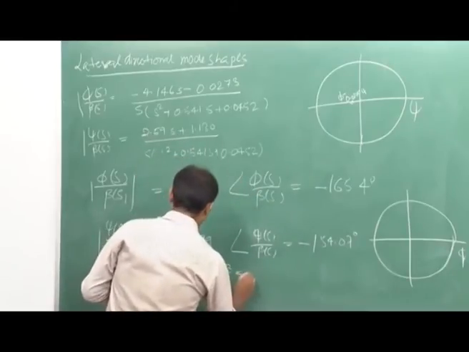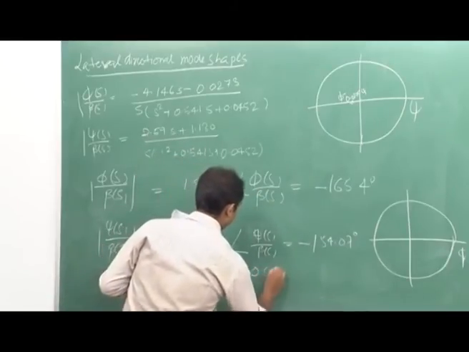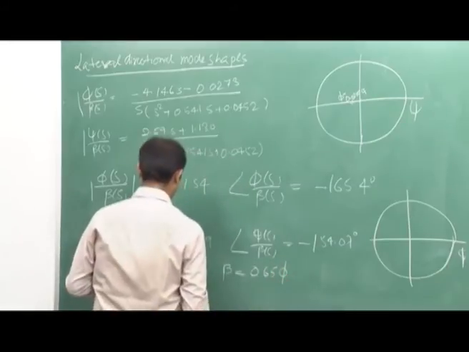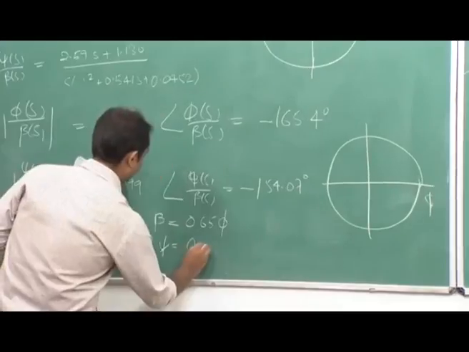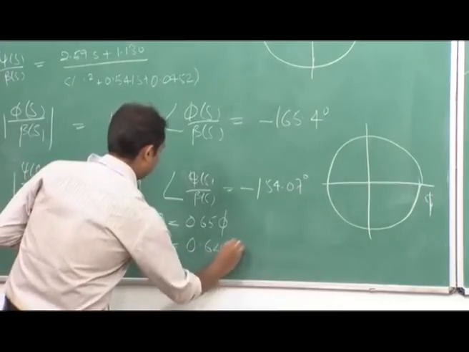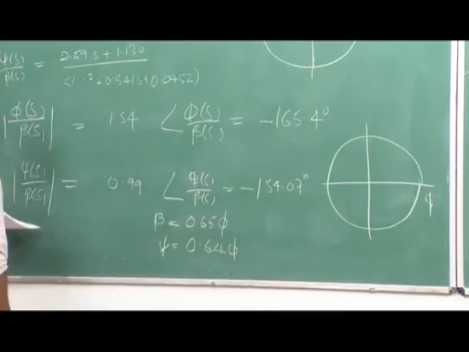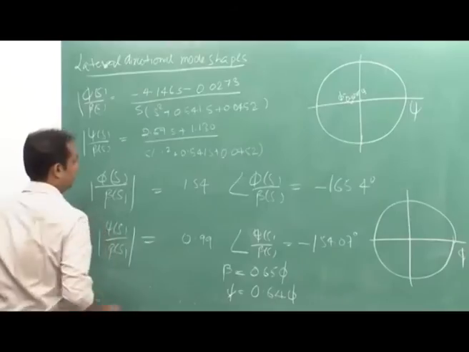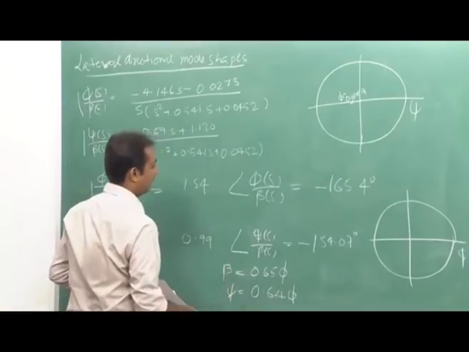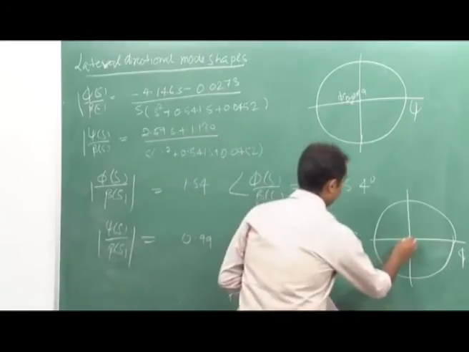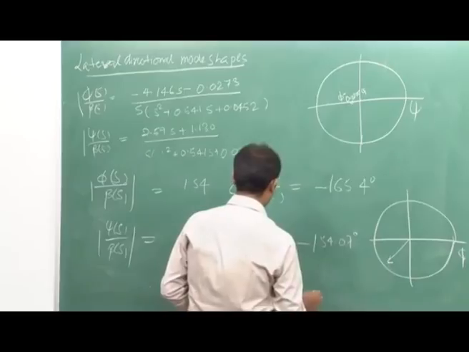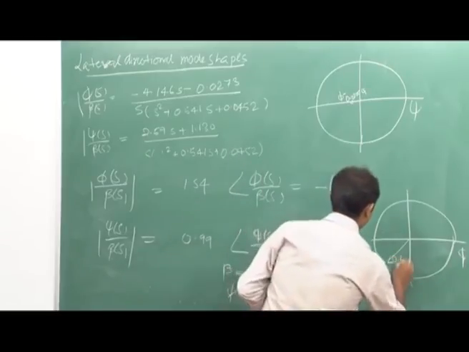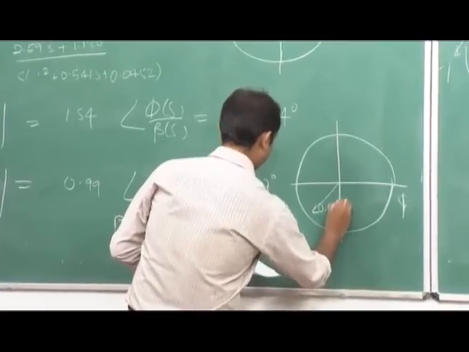When drawing the mode shape of this Dutch roll, a unit circle in terms of phi, you will get beta equals 0.65 phi and psi equals 0.64 phi. Since this is a direct relation, this will be at an angle of -165 degree, and magnitude will be 0.65 phi.